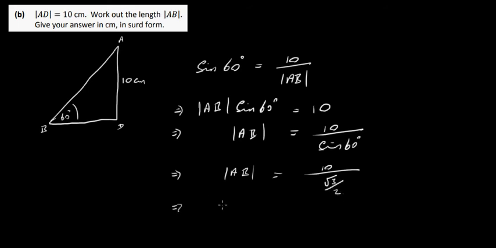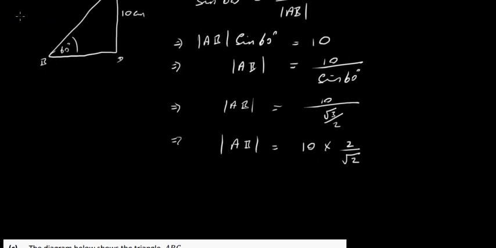Now we end up then with the distance AB is 10 divided by a fraction. So how do you do that? Well, you take the fraction, you turn it upside down, and you multiply. So this is what we end up with here. Let's just finish that off.